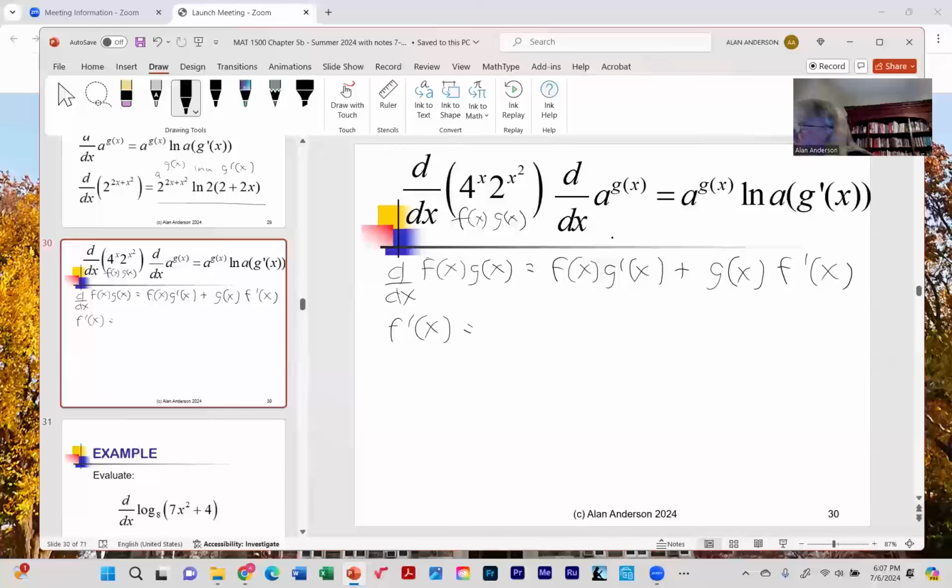Okay, so f is this one. We're going to have a to the g of x log a. G prime of x will just be 1, because here the exponent is the g of x.